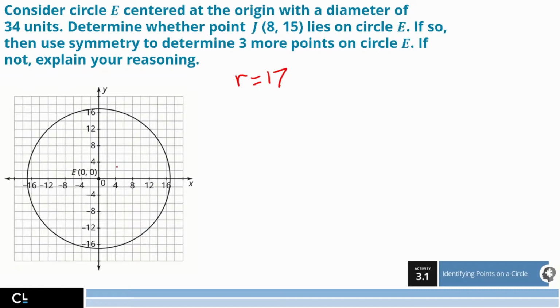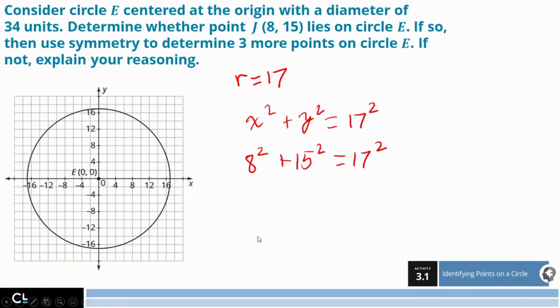So all we have to do, since it's at the origin, the equation is going to be x squared plus y squared equals 17 squared. So then all we have to do is plug in our points for x and y. So 8 is going to be my x. So we get 8 squared plus 15 squared equals 17 squared.